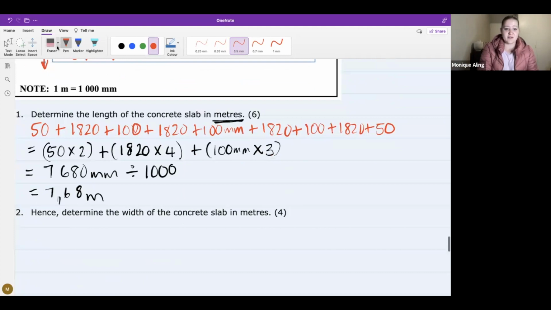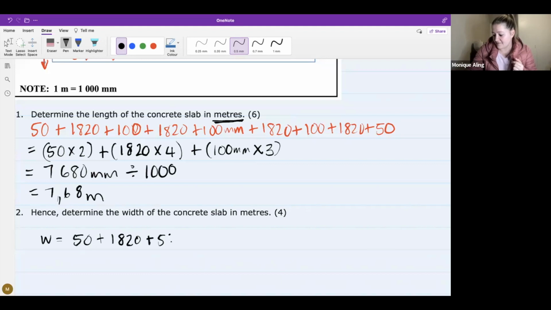So to work out our width, we'll say 50 plus 1,820 plus 50, which gives us 1,920 millimeters. We want the answer in meters, so we divide by 1,000 again, and we get 1,92 meters.